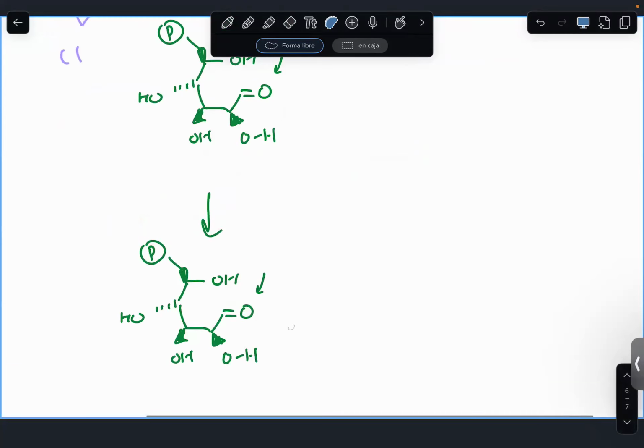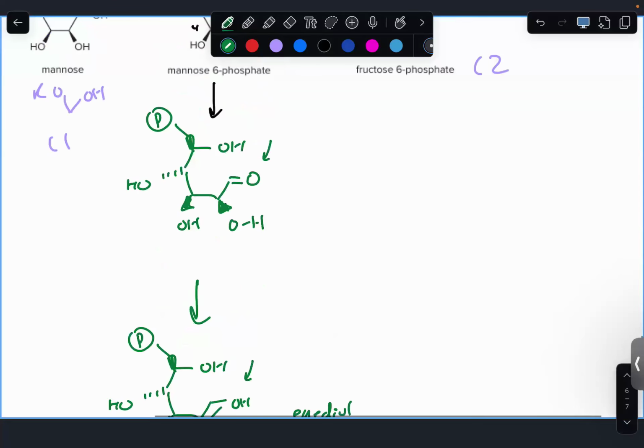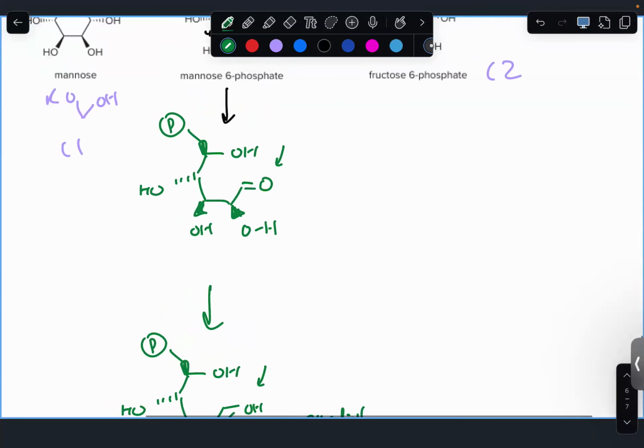Get to that ene diol. And how would we do that? So I'll just use this hydrogen because that's an alpha hydrogen.